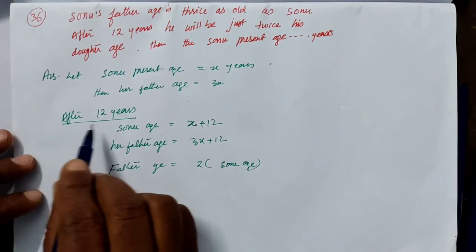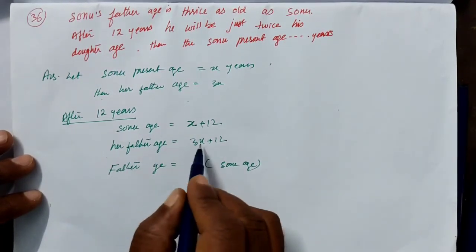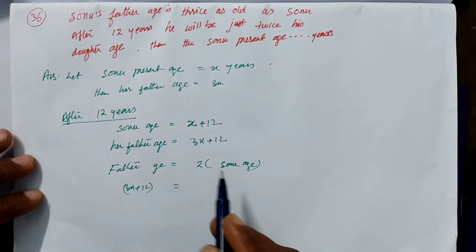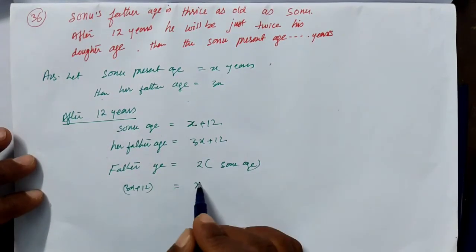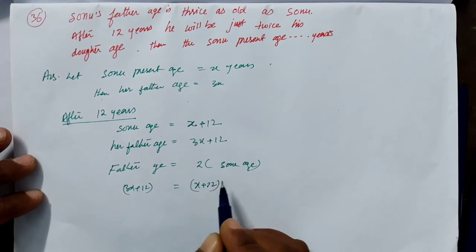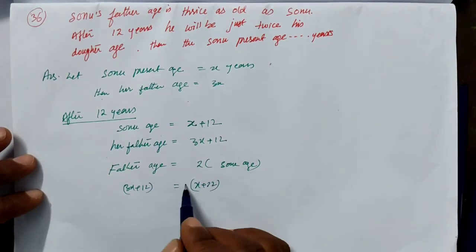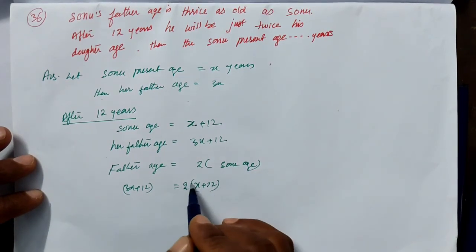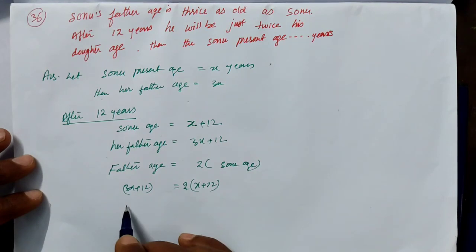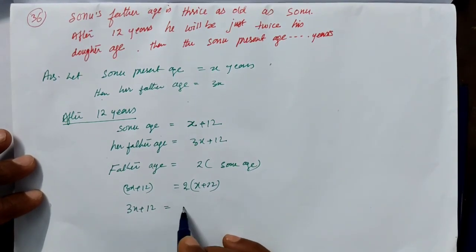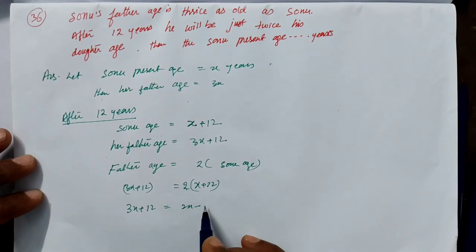So 3x plus 12 equals 2 into x plus 12, that is 2x plus 24.